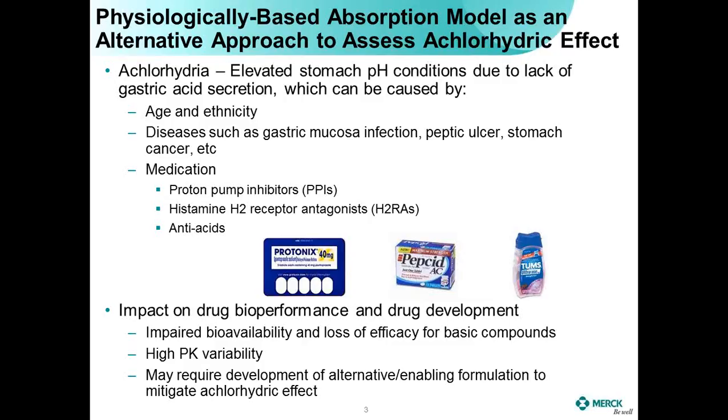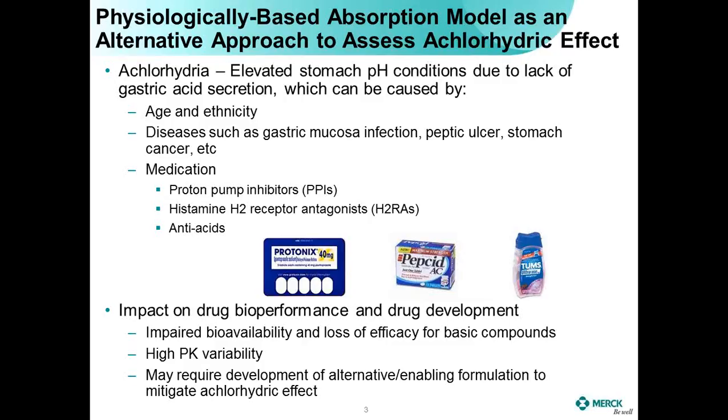The change in gastric pH could be due to several reasons, such as using medications such as PPIs or H2 receptor antagonists or antacids. It can also be associated with different diseases such as gastric mucosa infections, HIV infections, stomach cancer, etc. Gastric acidity has also been shown to vary with different ages and ethnicities.